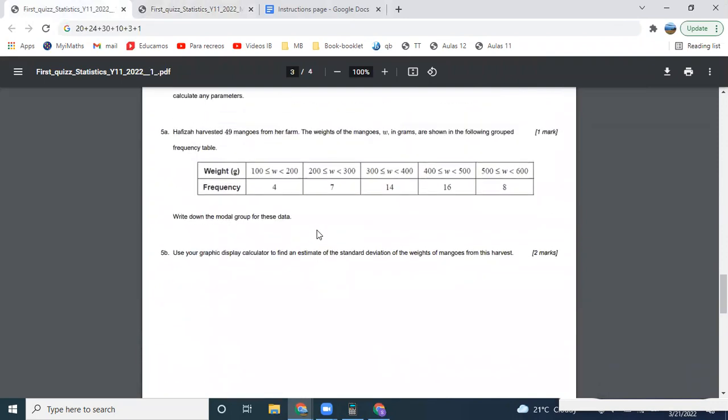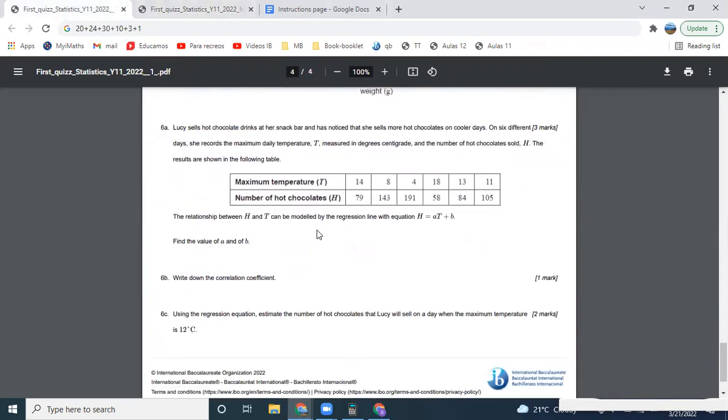And then the last exercise is similar to the previous one, right? We have the temperature and the hot chocolates, and we want to find a relationship where, check that the y value is going to be this one, because the equation has the gradient multiplied by t. So this is going to be y, the number of hot chocolates, and this is going to be x, the temperature, okay?